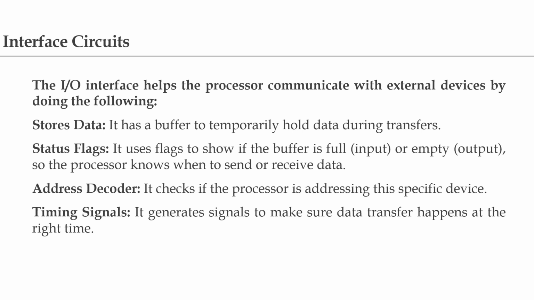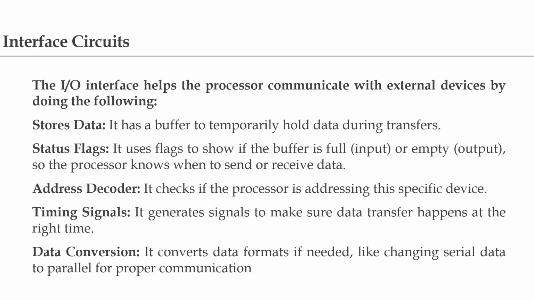It generates appropriate timing signals to coordinate data transfer across the system bus. The input-output interface generates timing signals that align with the bus control scheme. These signals help ensure that data is read from or written to the input-output device at the correct times.